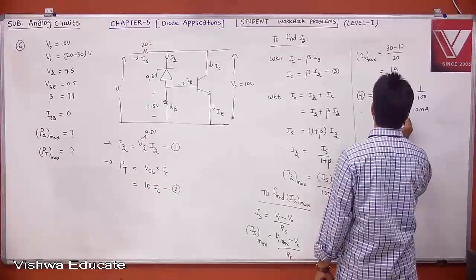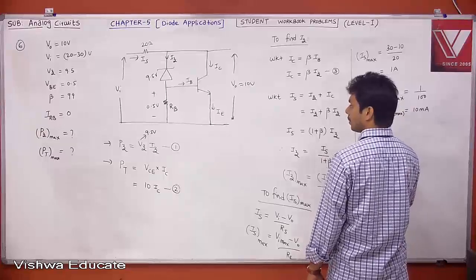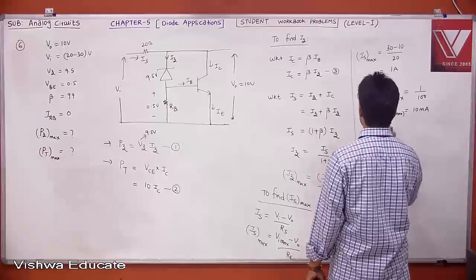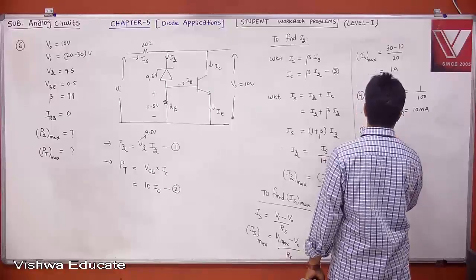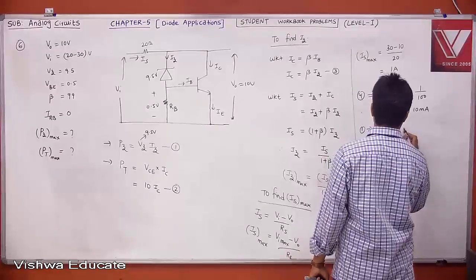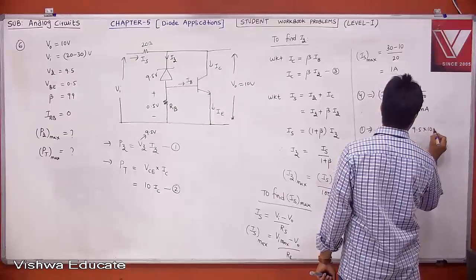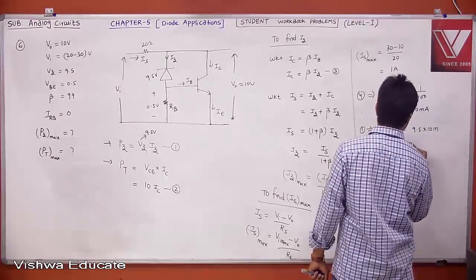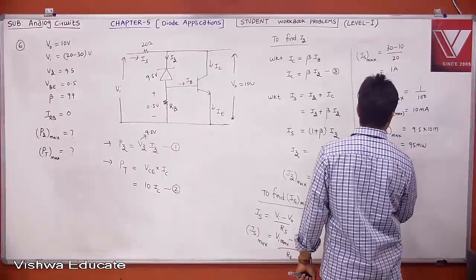Therefore, what is your PZ maximum? PZ maximum is equal to VZ 9.5 into 10 milli, which is nothing but 95 milliwatt. This is our PZ maximum.